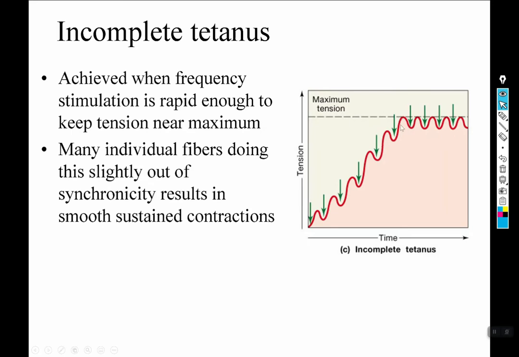So if you have lots of individual fibers within a muscle doing this, but slightly out of sync with each other, where one set of fibers is doing it like this, and then maybe the overlapping set of fibers is peaking when the others are lowered, that results in smooth but sustained contractions. So like when you're holding a heavy object and you're doing it smoothly without jittering.